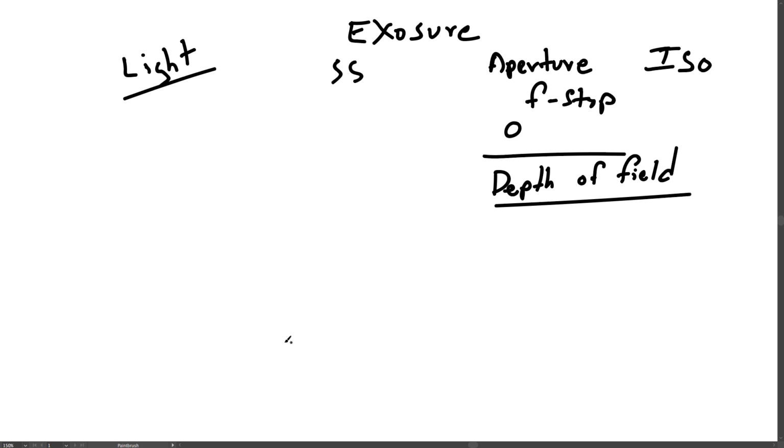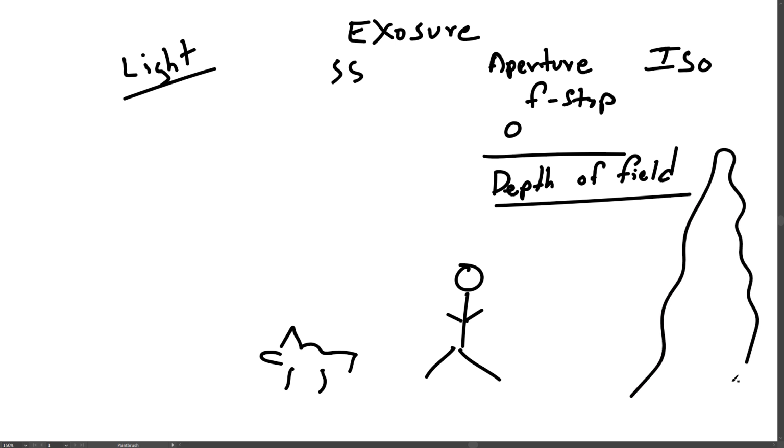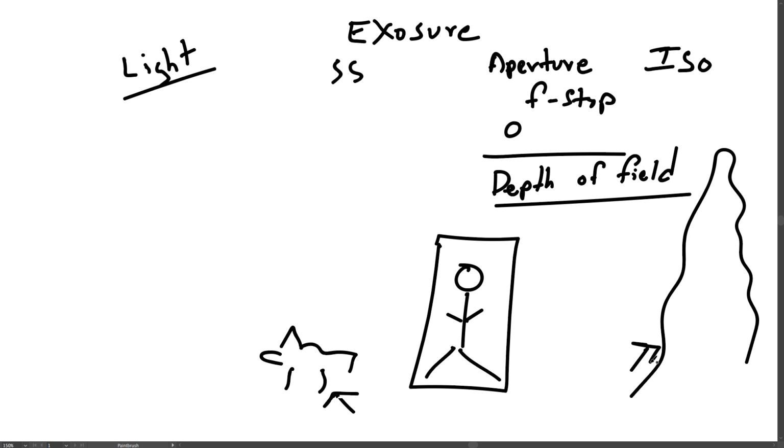So just as an example, you might have a little dog, a person, and then a set of mountains in the background. And you could have a very shallow depth of field where the person is in focus, but the dog is out of focus and the mountain is out of focus.